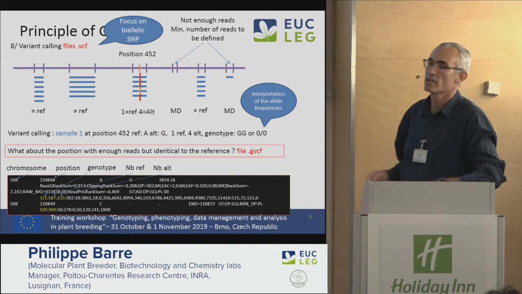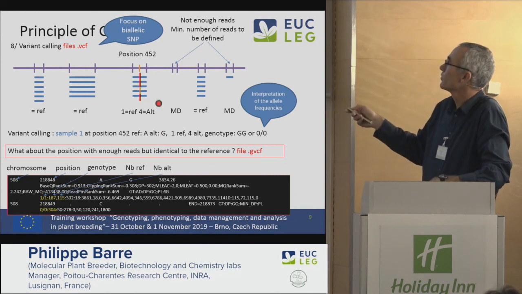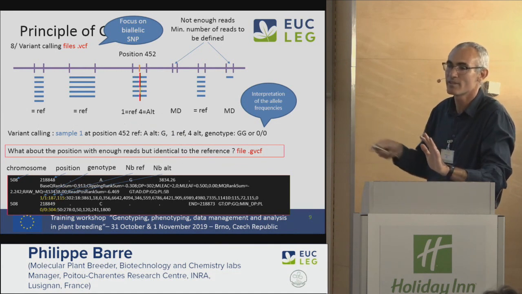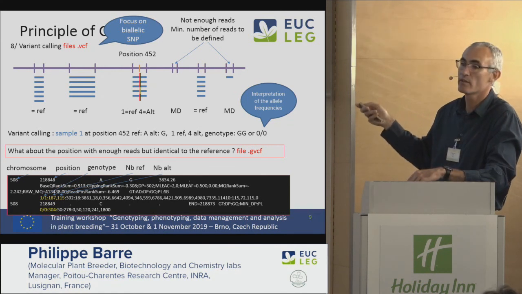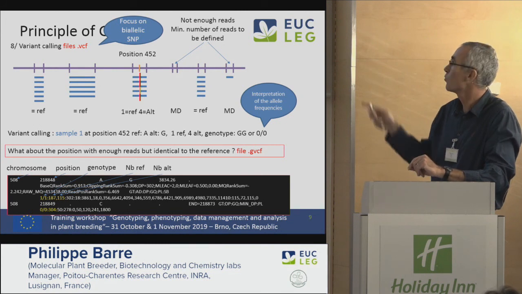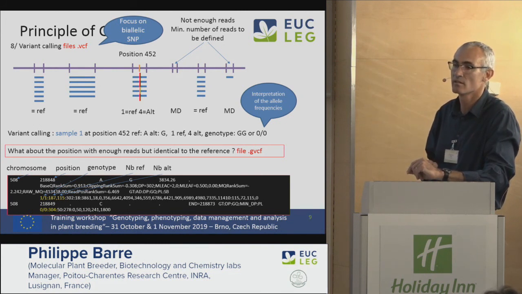Okay. Here, for example, I put only 5 reads on purpose because 5 is just a few. But for example, now I say I have a read depth of 30. So I have 30 reads and I have 1 reference. What do you think of this value?